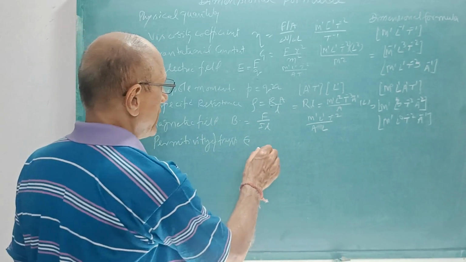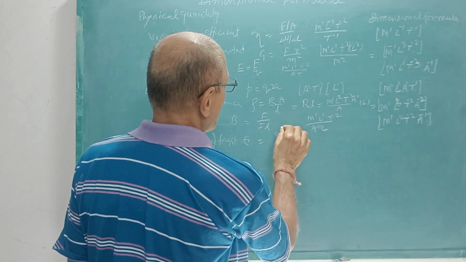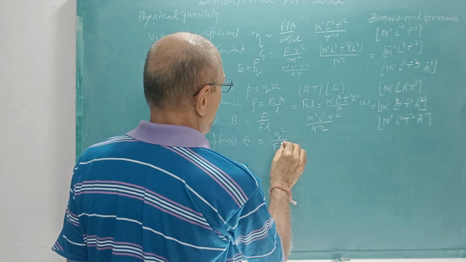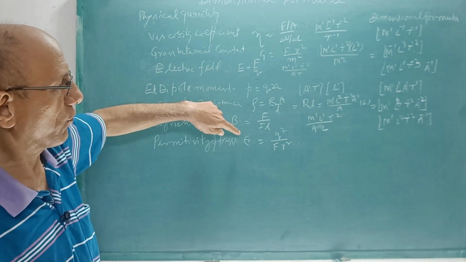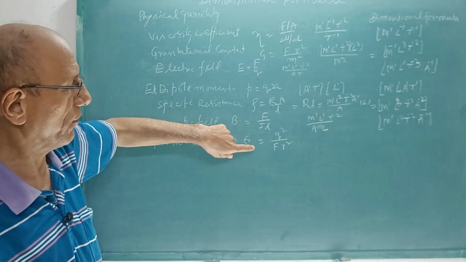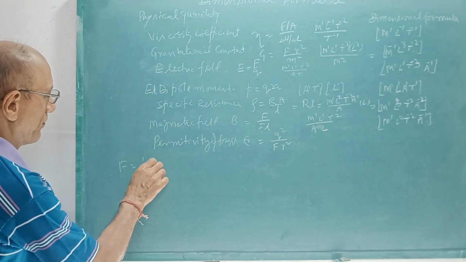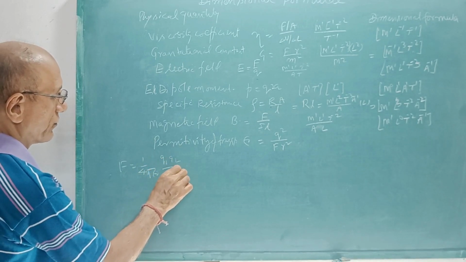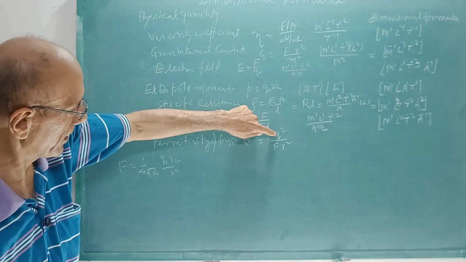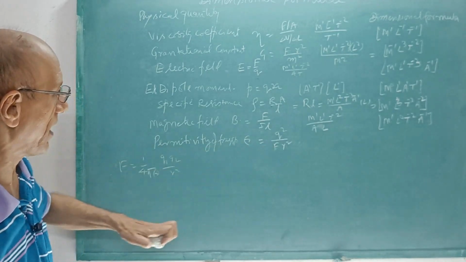So epsilon naught is nothing but Q square upon F into R square. Just see, F is equal to 1 upon 4 pi epsilon naught Q1 Q2 upon R square. So Q1 Q2 is Q square. This epsilon goes here and F comes down. So this is FR square.